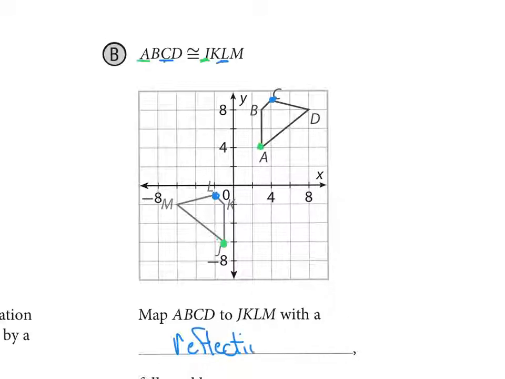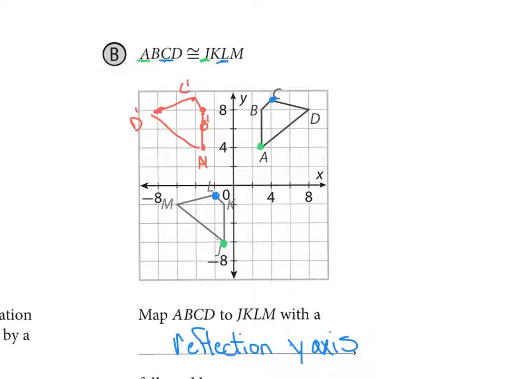A reflection over the y-axis. So if I reflect this, I'm going to do this in red. I would put that A would be right here. B would be right here. C, it's right there. D is 1, 2, 3, 4, 1, 2, 3, 4. And there's my figure.